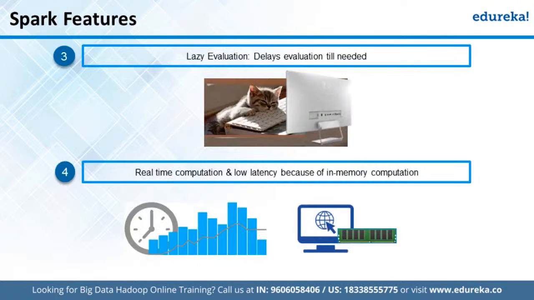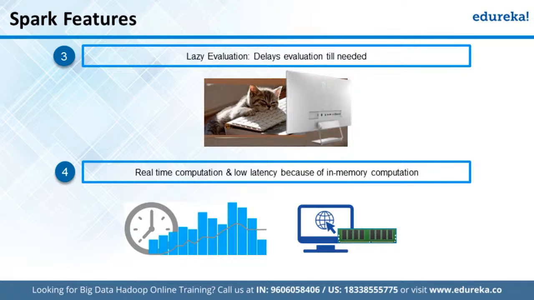Lazy evaluation. This is a good thing. With lazy evaluation, let's say in any program you define x equals 10. The moment you define x equals 10, it gets evaluated then and there. Next statement, if you write y is greater than x, if y is 20, y is greater than x, it will tell you right there whether it's true or false.